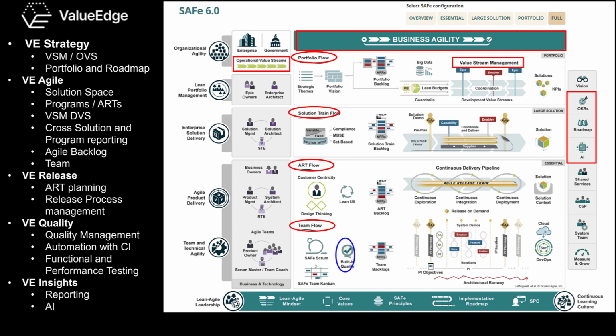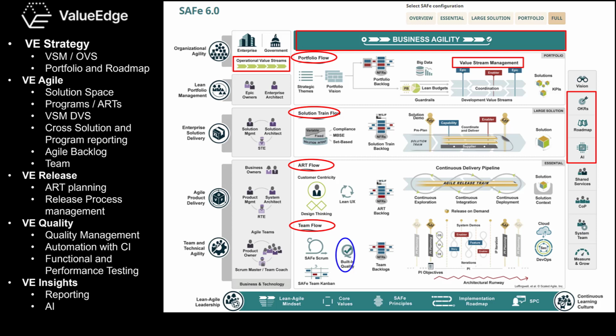And with the additional parts in ValueEdge, and these are actually two additional modules in the platform, that's ValueEdge functional testing and ValueEdge performance testing that will complete the coverage of quality on top of the scaled agile backlogs.